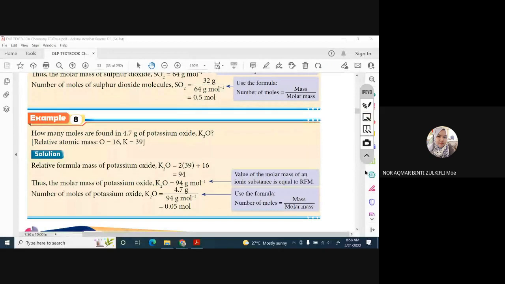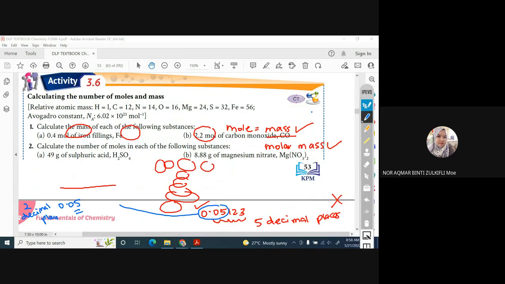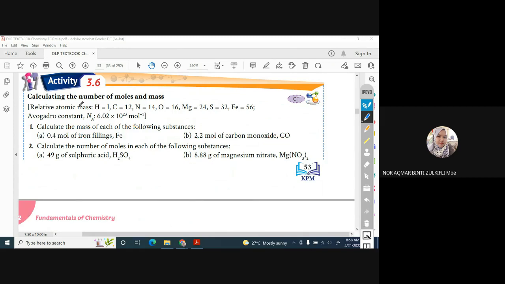Okay, ini pun cuba mol dengan mass kan. Cuba pilih satulah. 1A, 2A. Ambil yang A sajalah. Okay. 1A and 2A. Okay, ini pun homework juga. 3.6. Homework.